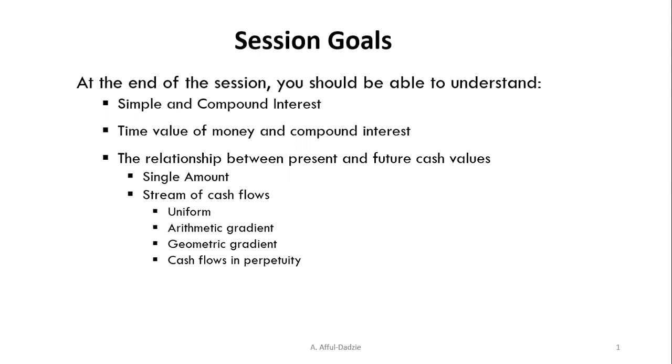Does anyone know where we can get a ball of kenkey for 50 pesos again in Accra? Even in my village, a ball of kenkey is not 50 pesos. So what 1 cedi would do, or what 50 pesos could do 5 years ago, it isn't able to do that again today. And you can also be in a future period and be interested in what the current sum of a certain amount will be.